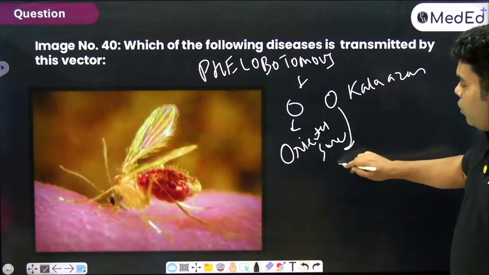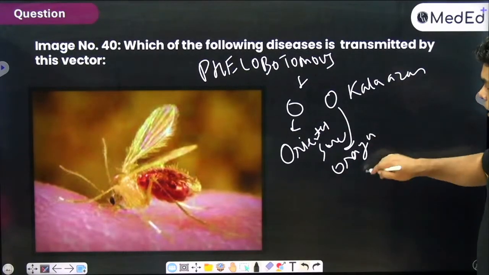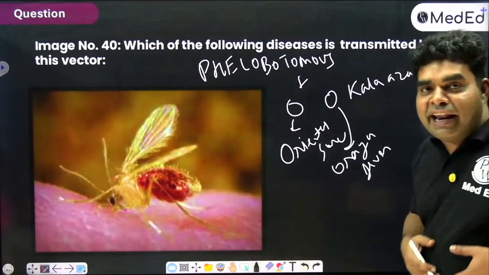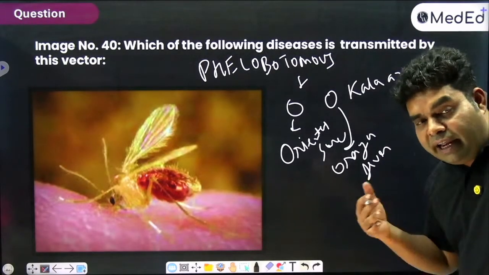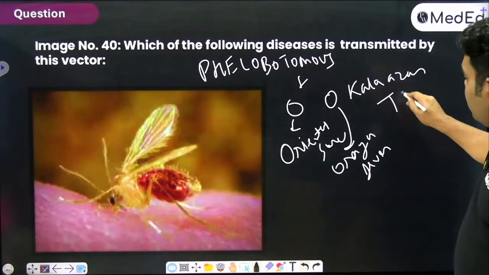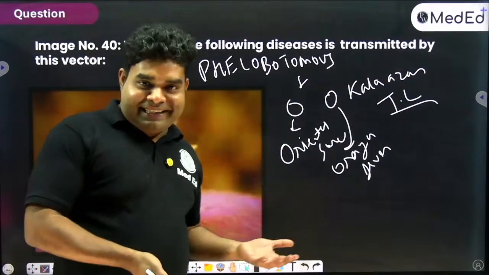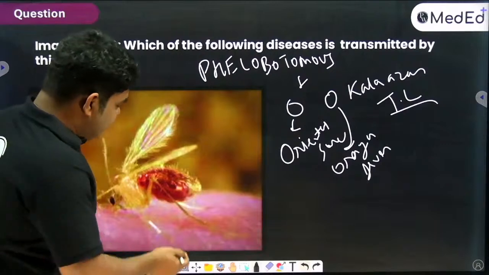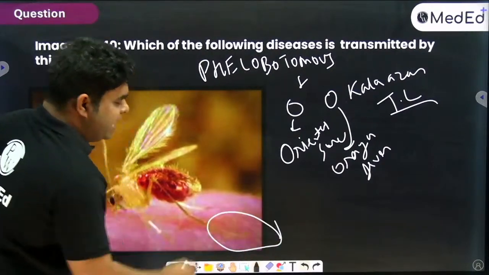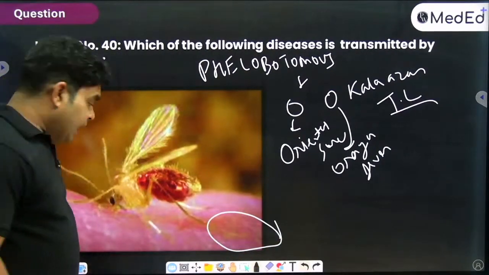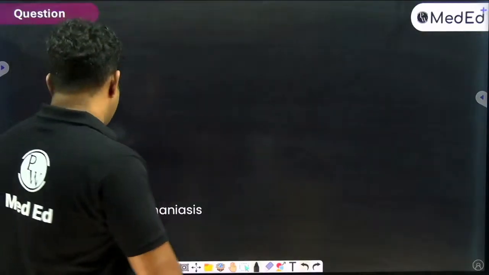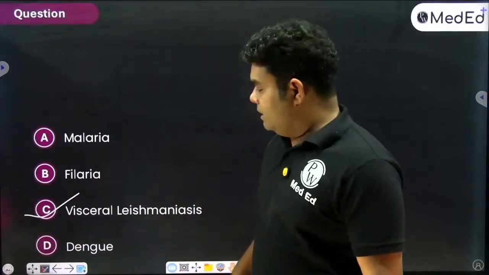The second O stands for Oroya fever. And Kala Azar is visceral leishmaniasis, but there is one more thing, topical leishmaniasis also, which is transmitted by Phlebotomus sandfly. So remember, Oh Kala Azar, the mnemonic. And there are very long legs on the sandfly and a feather-like structure on the wing. So this is totally different from mosquitoes. Answer will be visceral leishmaniasis.